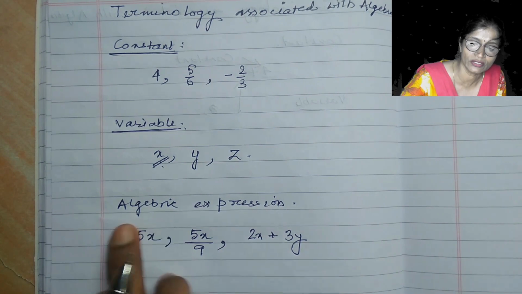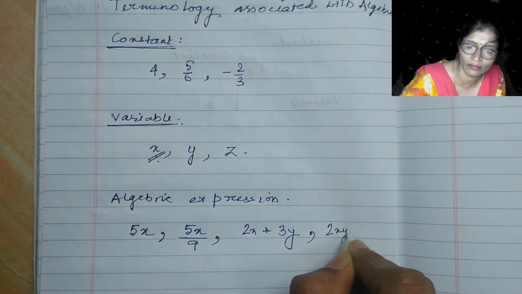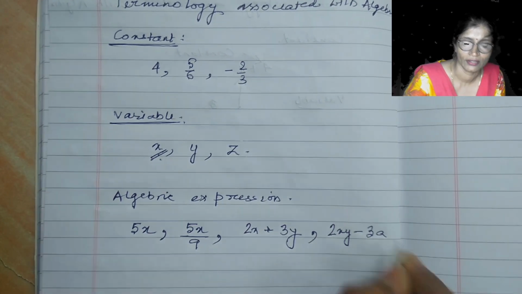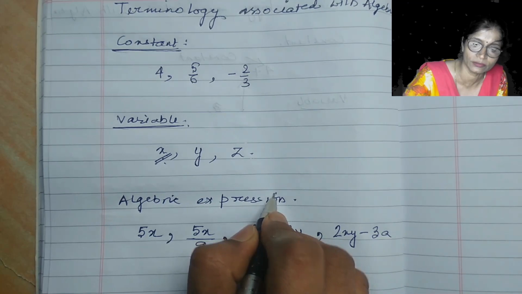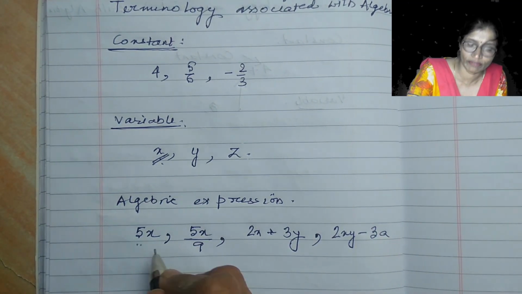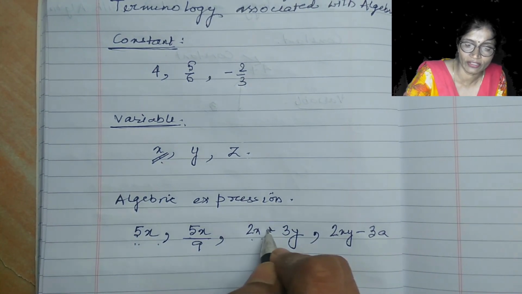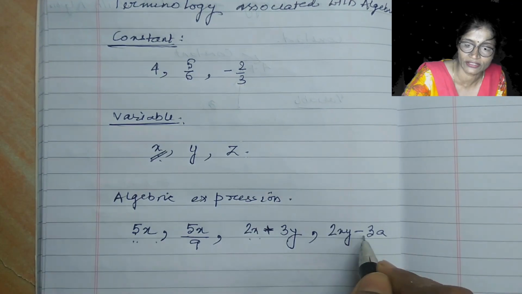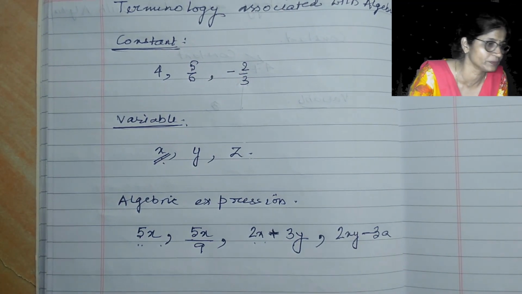These are algebraic expressions, or 2xy minus 3a. So all these are algebraic expressions. An algebraic expression consists of constants and variables, with addition, subtraction, multiplication signs. So these are algebraic expressions.